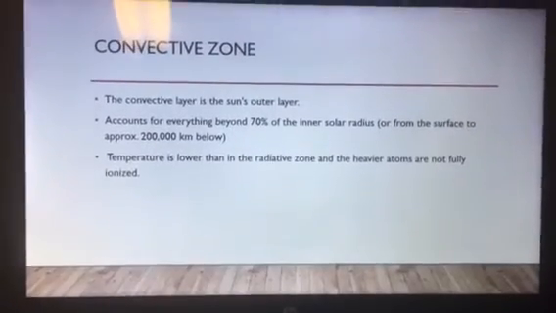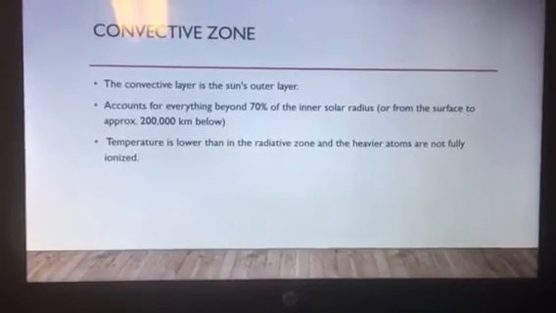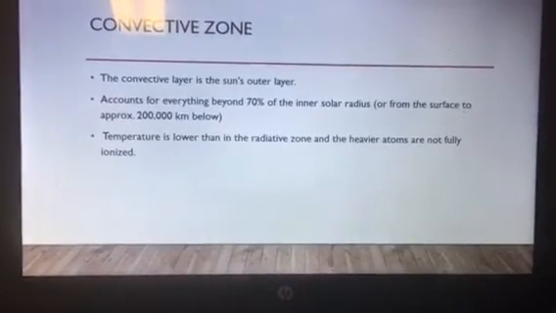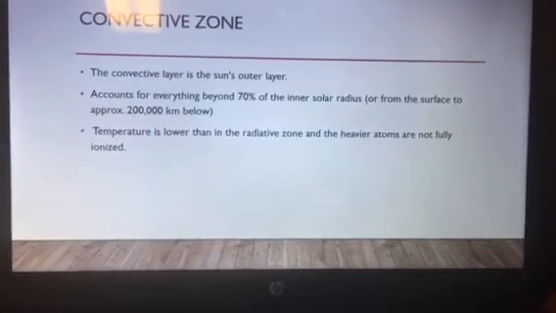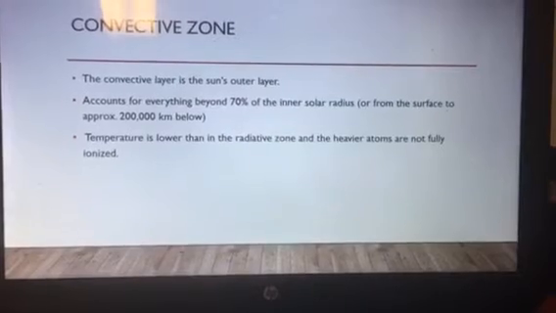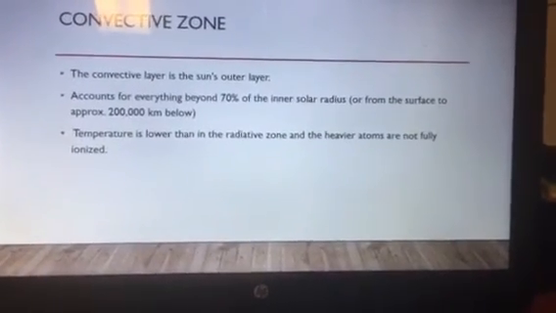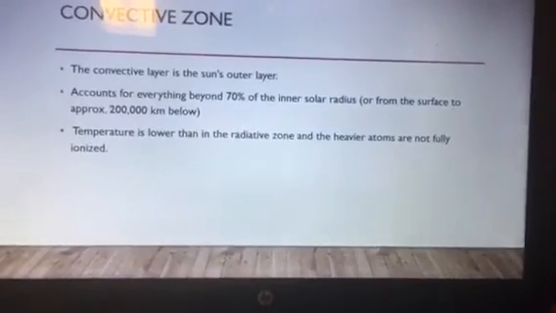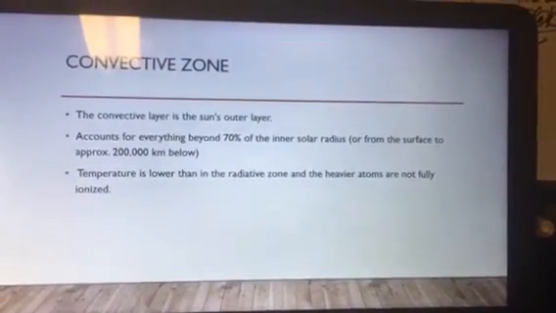The convective zone is the sun's outer layer. It accounts for everything beyond 70% of the inner solar radius, or from the surface to approximately 200,000 kilometers below. Okay, basically, all right, we have our heart, we have our veins.